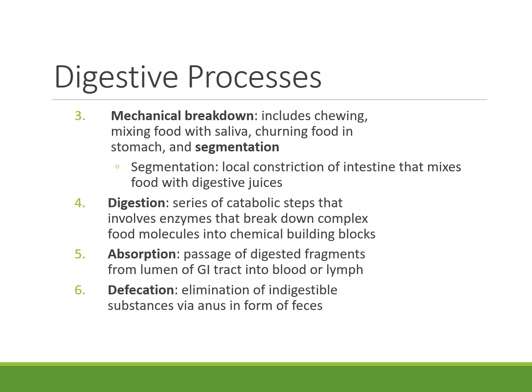So here is the third step in this whole process, the mechanical breakdown. This includes the chewing and the mixing with saliva, the churning of the food in the stomach, and then what's called segmentation. So segmentation is local constriction of the intestine that mixes the food with the digestive juices. So remember I said that mass of food is like the bolus.